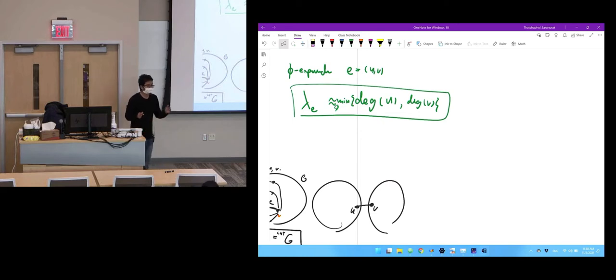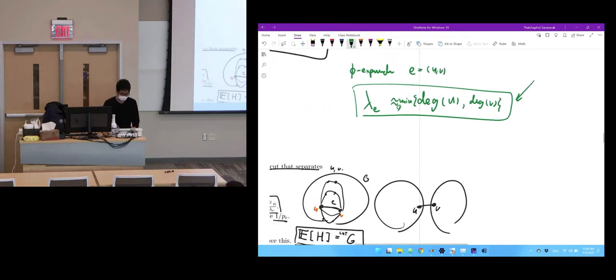An expander has a lot of properties that you can exploit, and you come up with the fast algorithm on that, and you're done. Here, the fast algorithm is simple like this.